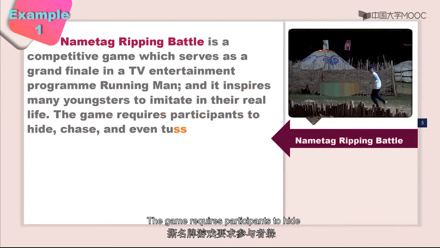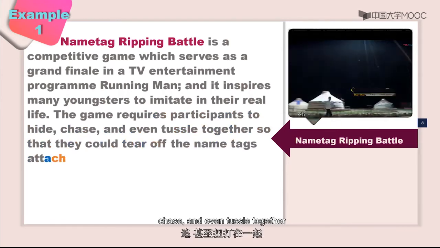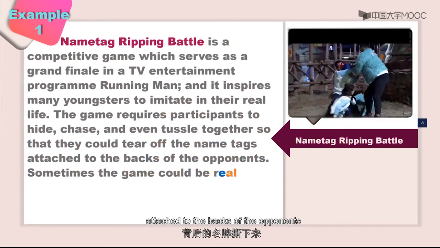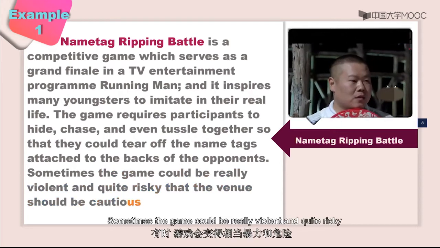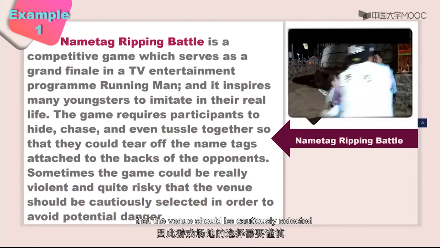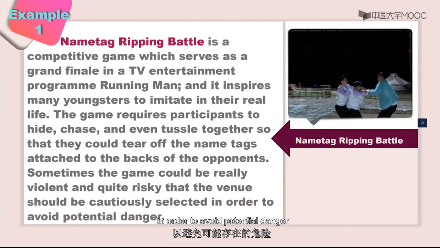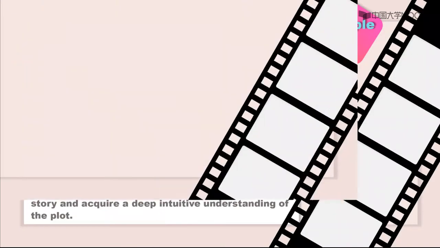The game requires participants to hide, chase, and even tussle together, so that they could tear off the name tags attached to the backs of the opponents. Sometimes the game could be really violent and quite risky, so the venue should be cautiously selected in order to avoid potential danger. Example 2.